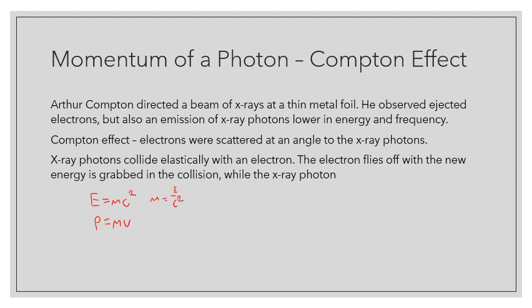So p is equal to E over c squared times v, but this v is actually also c, so this simplifies to p is equal to E over c. p can also be represented by the equation h over lambda. So these are the equations for the magnitude of photon momentum.